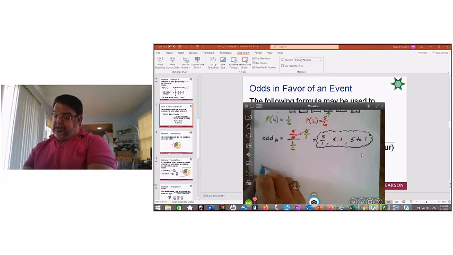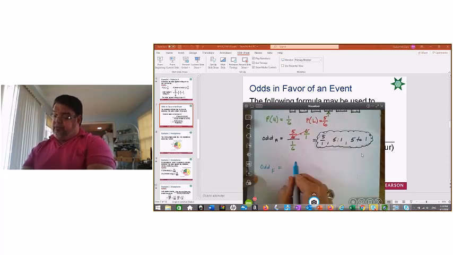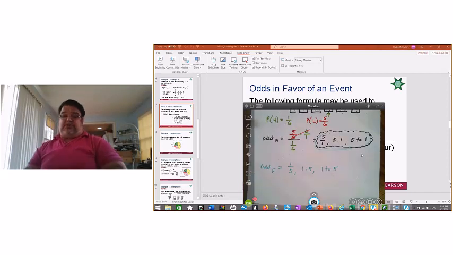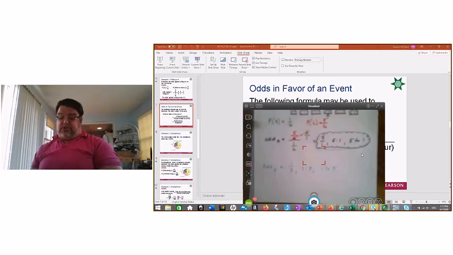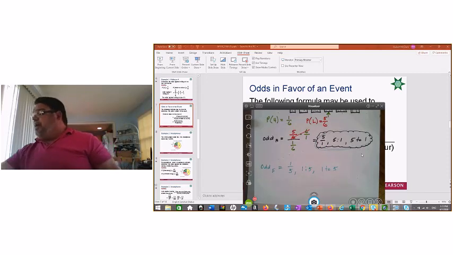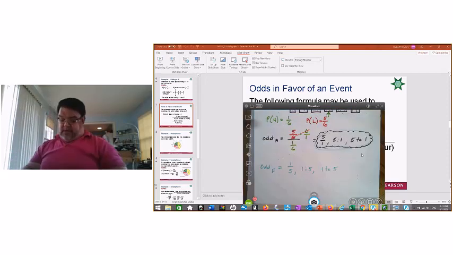The odds in favor, I just take this answer right here and do the reciprocal. 1 over 5, 1 to 5. That's why I don't spend a lot of time on odds in favor, because it's just the reciprocal of odds against. So if you can find the odds against, then you pretty much have the odds in favor.